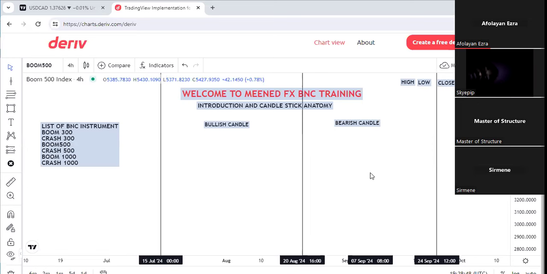What I'm trying to say in essence is this: when you plan in your mind that you want to risk $5 on a particular trade, and you use the lot size appropriate for that $5 risk, if it is against the spike and it actually spikes against you, you might see something much more than $5. So that's just the difference when you are trading the tick and the spike.